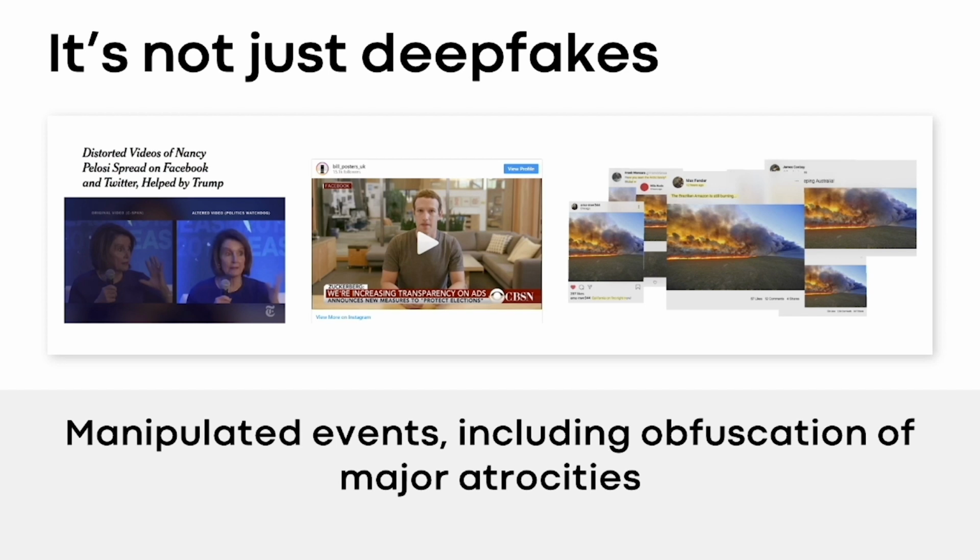The Mark Zuckerberg video in the middle of the slide is an example of a true deepfake. His lips were edited and replaced, and a new audio track was inserted to make him say outlandish things. When this video was released, it had a material impact on Facebook's stock price. A related problem is media misuse.